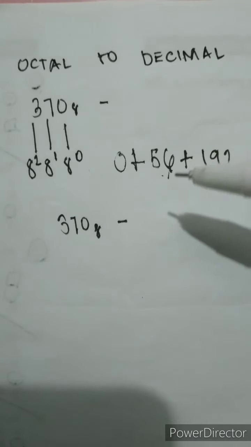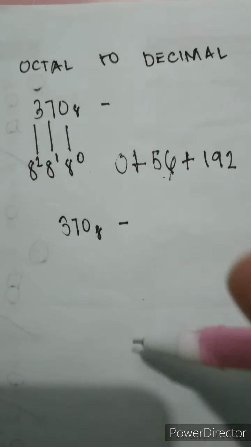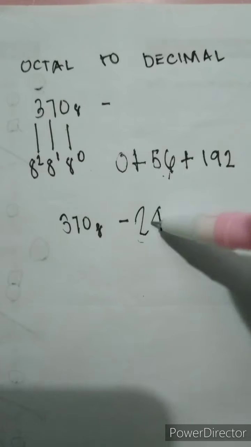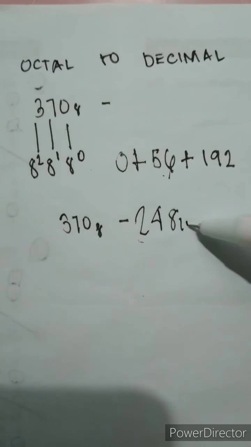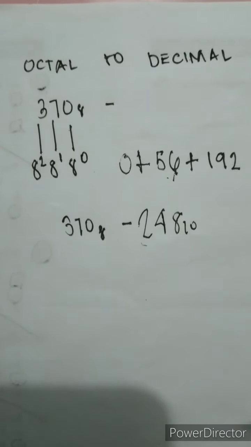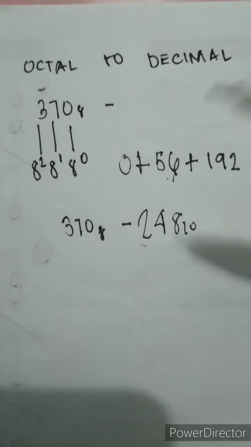So 56 plus 192 will be 248 base of 10, and that's the conversion of octal to decimal.